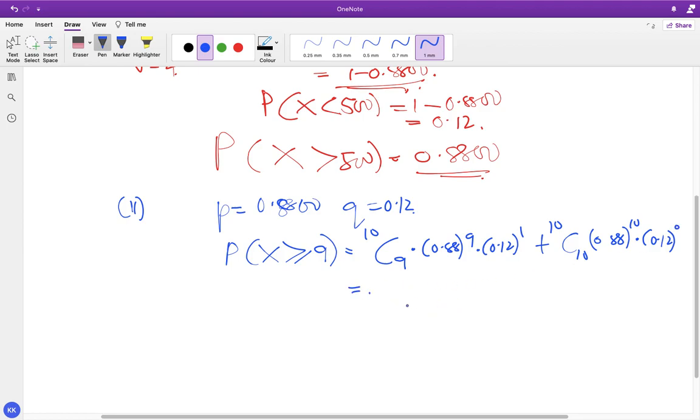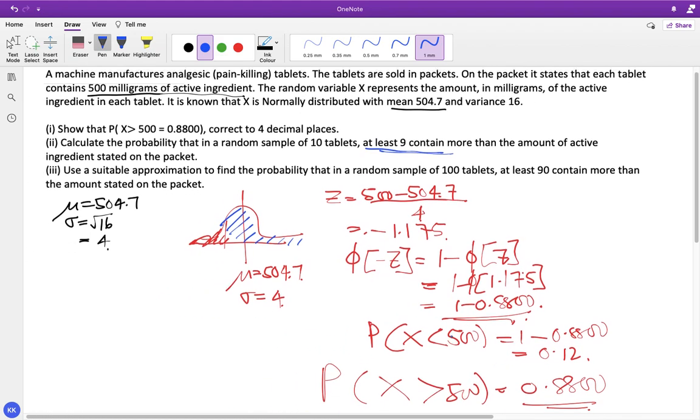The answer I'm getting for this is 0.37977 plus 0.27850097, and when I add those two, the answer is 0.6583. That's the answer for the second question.